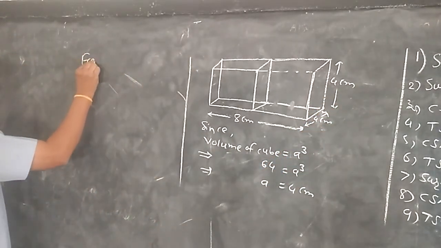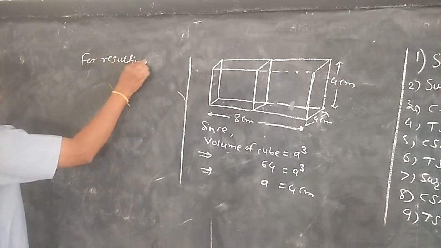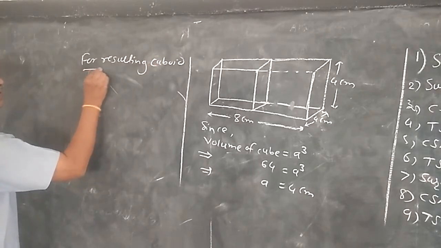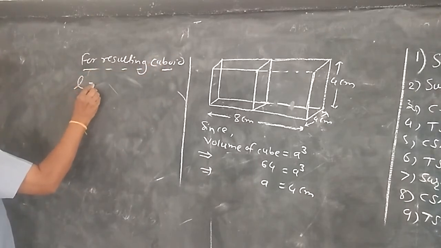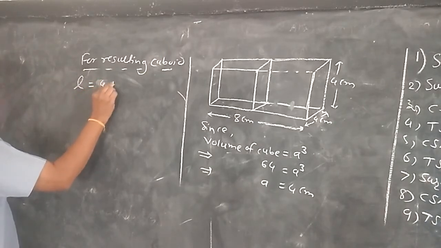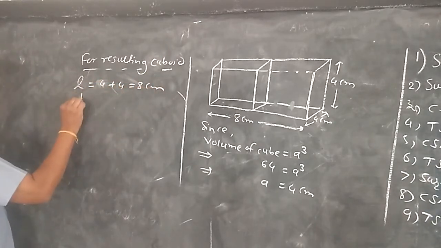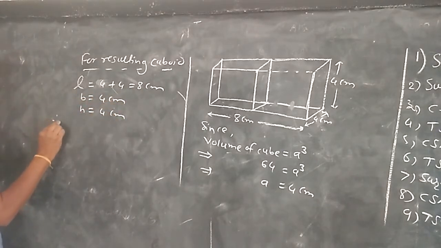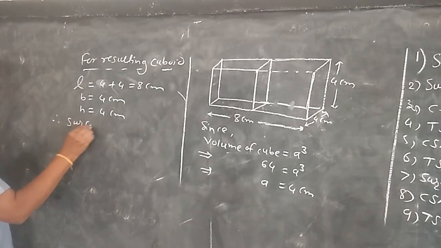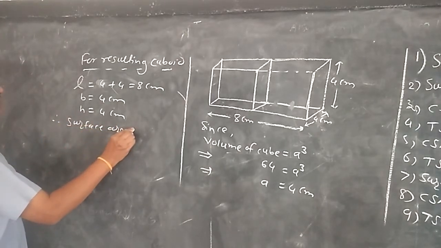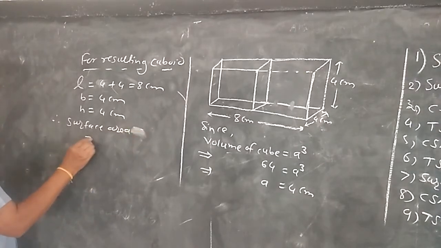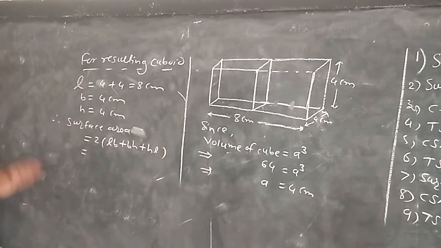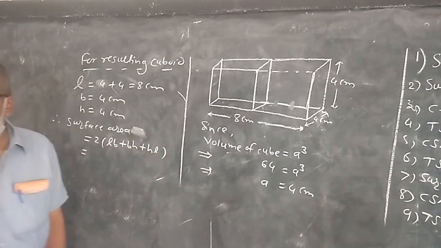For resulting cuboid, L length equal to 4 plus 4 equal to 8, breadth 4 centimeter, height 4, therefore surface area equal to 2 into LB plus BH plus HL. Substitute the values and calculate surface area.